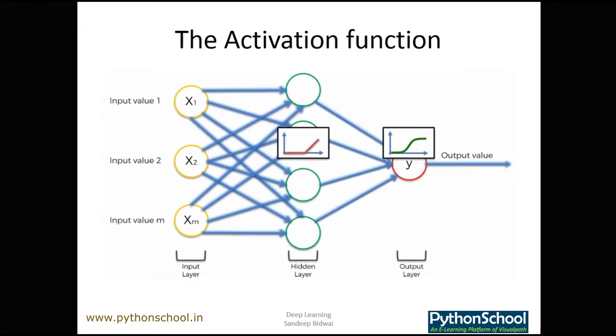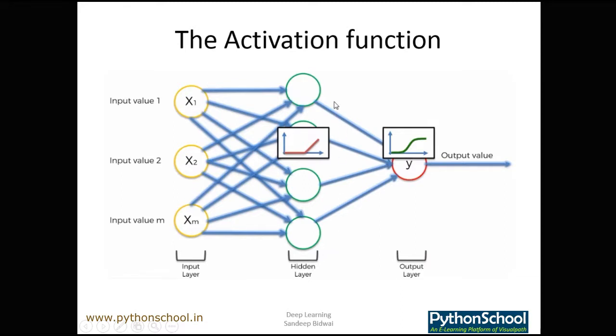Now take a simple example of activation function implementation. Suppose this is a neural network starting with x1, x2 up to xm, which are provided as input at the input layer, and these are the input nodes with the respective input values.